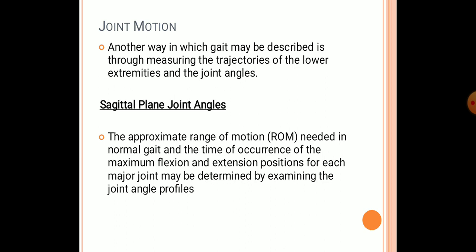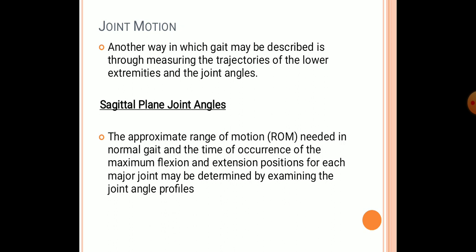Joint motion: another way in which gait can be described is through measuring the trajectories of the lower extremities and joint angles. As we said earlier, with all the gait terminologies we can identify the properties of gait, in the way we measure all the parameters used in the gait cycle. Another way to identify the normal gait cycle is by measuring the joint angles or the joint forces acting on those joints during the gait cycle.